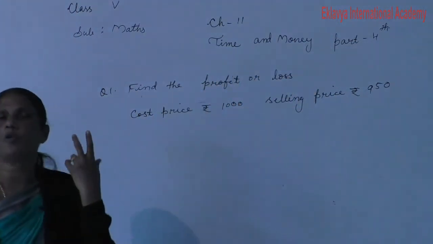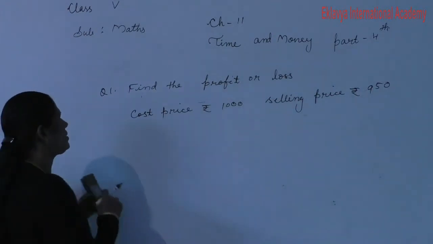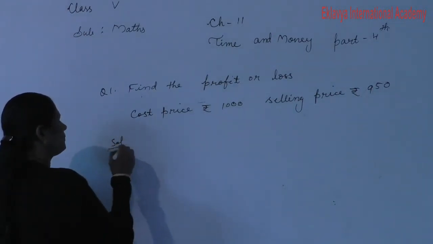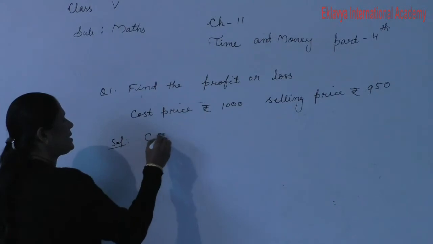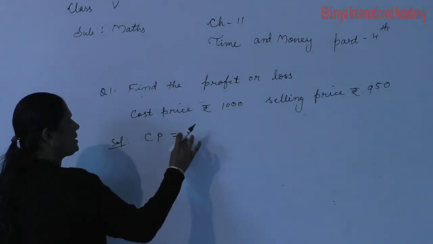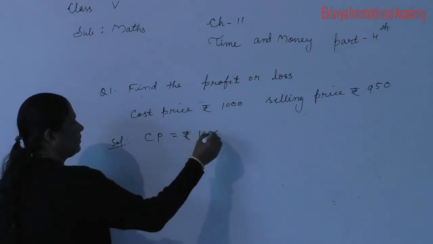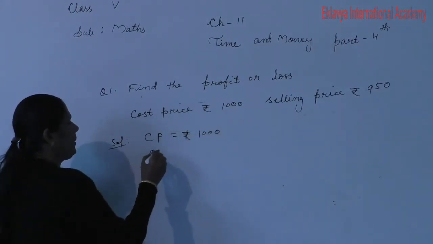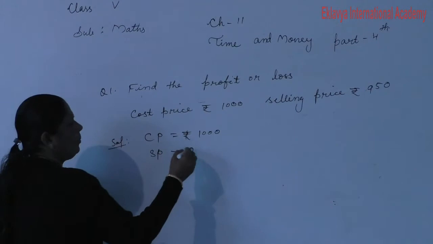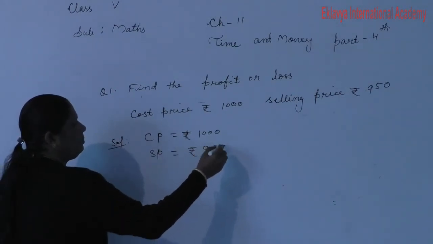Do you get profit or loss? First write the solution. CP is equal to rupees 1000. Then SP is equal to rupees 950.